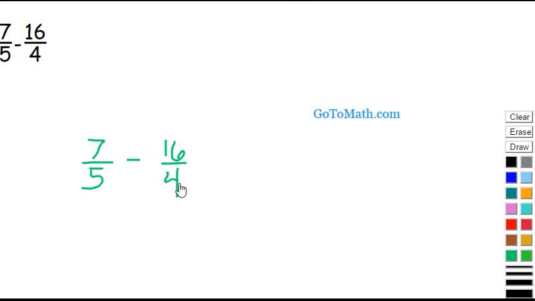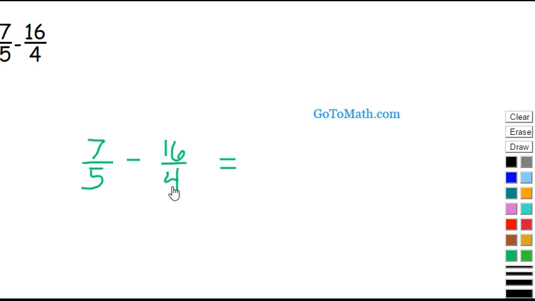We need to get a common denominator, okay? And, you know, in some books they go into a great big huge long explanation on how to get a common denominator, and I'm just like, let's not try to make this any more difficult than it actually is.